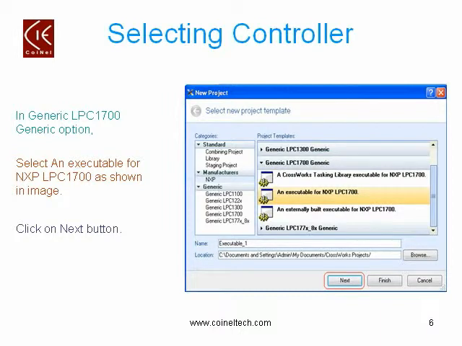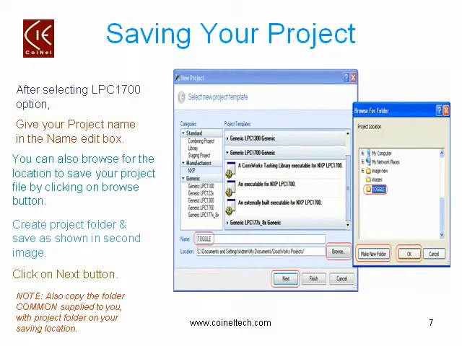To select your controller, in the generic LPC 1700 generic options, select an executable for NXP 1700 option and then click on the Next button.